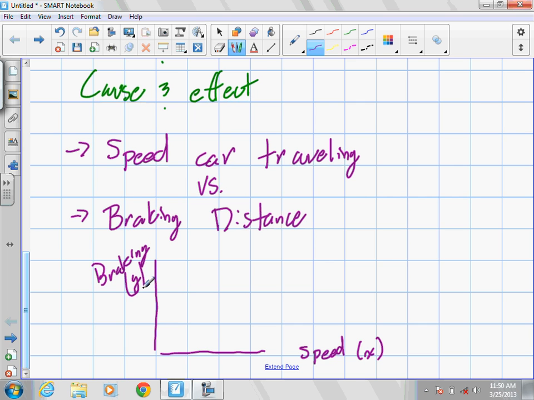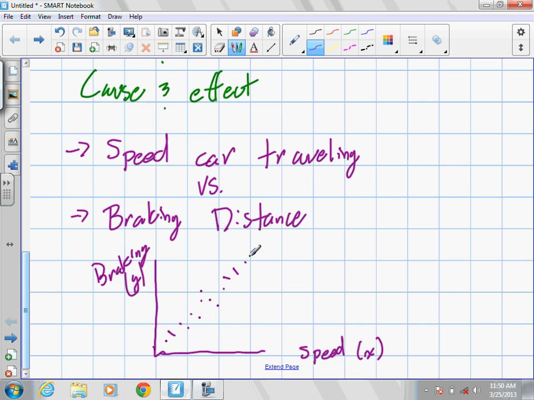So I'm going to call that my independent, and I'm going to call braking distance my dependent. Let's say I take a study and I measure many different events of one guy driving in a specific car. And I notice that as his speed is increasing, that's right, it takes him longer and longer to brake the car to a full stop. Okay?